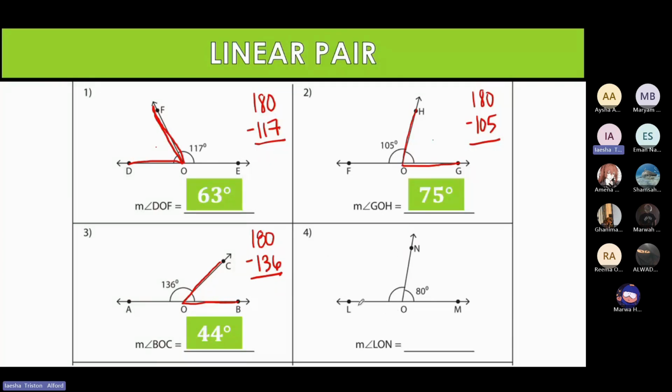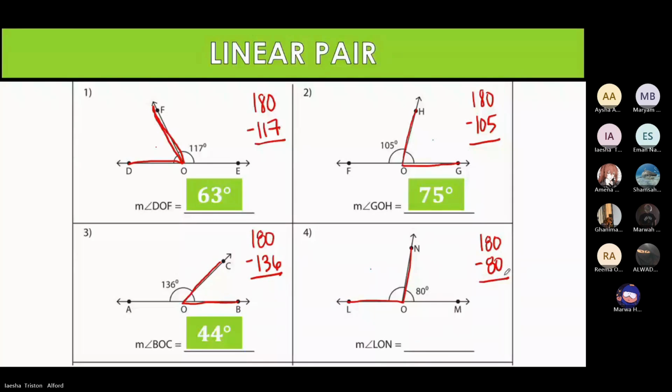Number 4, start at L, go to O, stop at N. What's the missing side? 100. How? 180 subtract 80.